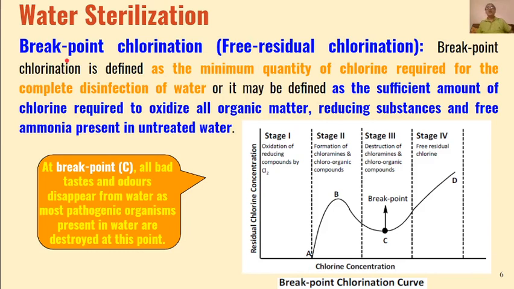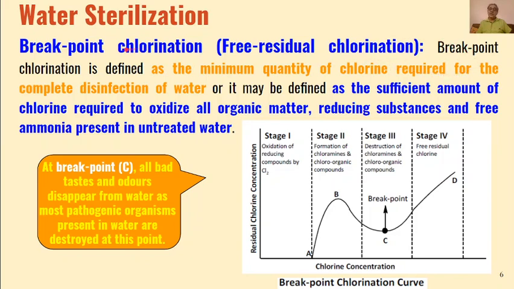Then, as you have seen, excess chlorination beyond some permissible limit is harmful. So that means we need to know at which point the maximum requirement for chlorine is there in the given sample. So that is found out from breakpoint chlorination, or calculation of free residual chlorination.